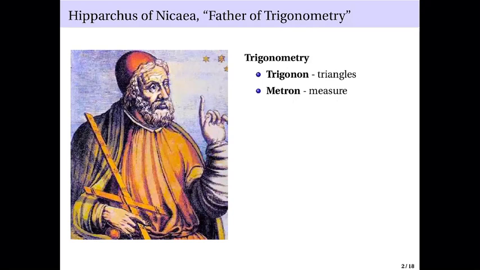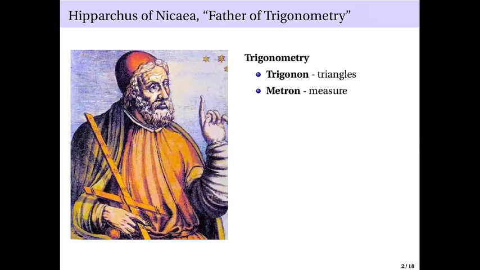It's actually a big area in mathematics, but in this course, we will only consider right triangles. So we will study the parts of the right triangles, the measures of right triangles, and some of its applications.